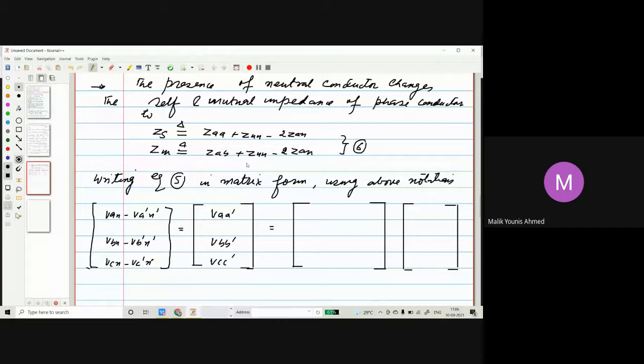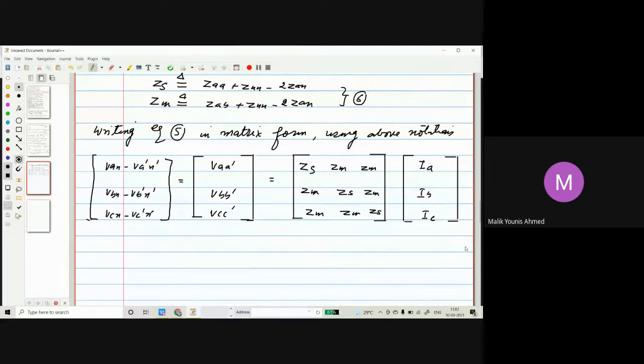So that will be equal to, now ZS will come first in phase A. We have seen that ZS, then will be ZM and ZM because we have given the notations to them. Second, first will be ZM in phase B, then will be ZS, and then will be again ZM. Phase C, it will be ZM, ZM, and it will be ZS very clearly. And currents on this side will be IA, and that will be IB, and that will be IC.